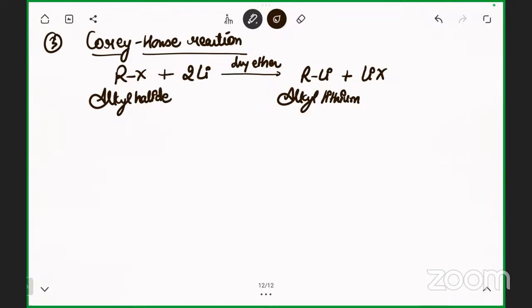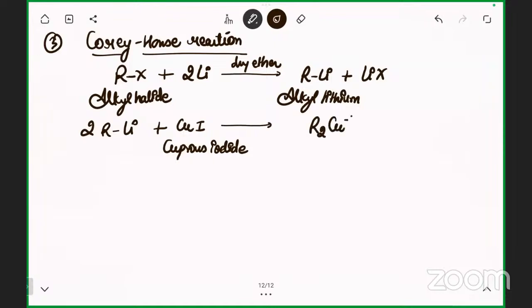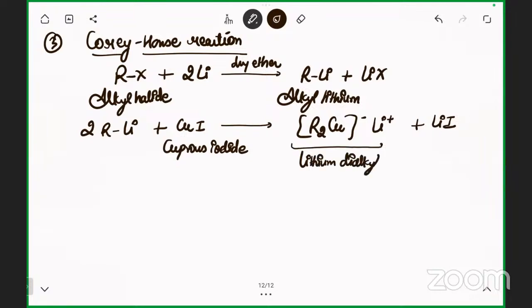Now we take this alkyl lithium. Two molecules of alkyl lithium react with CuI, cuprous iodide, and form R2Cu negative Li positive plus LiI.